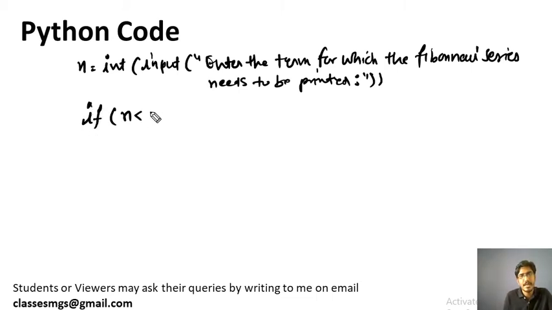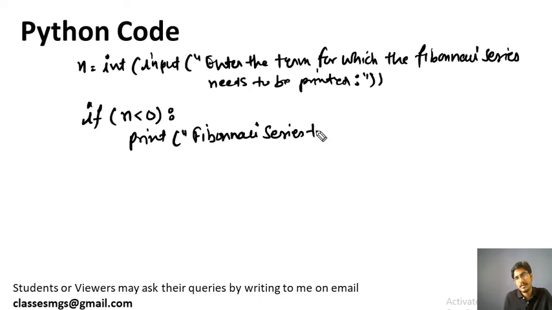If n is less than 0, then we will print "Fibonacci series term invalid." We will say it like this.